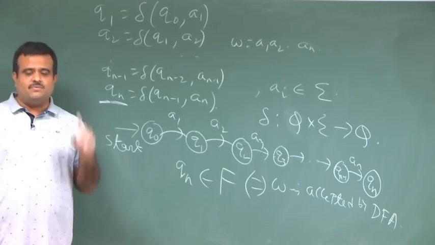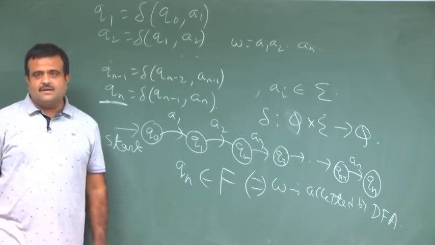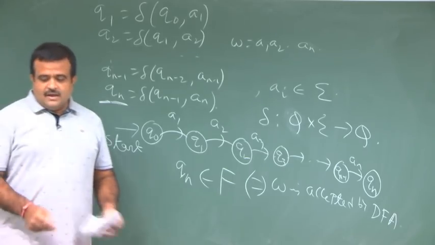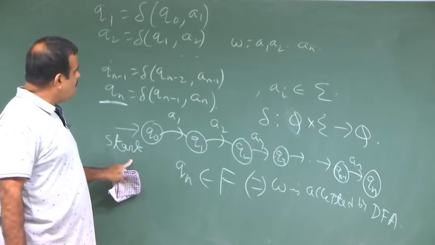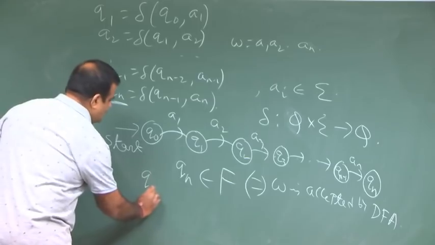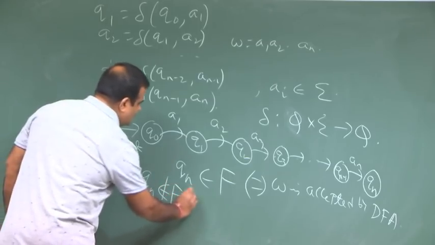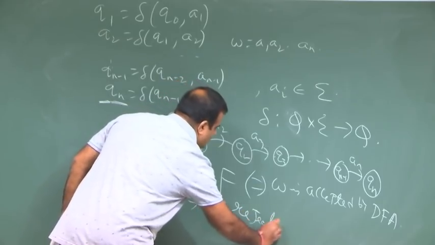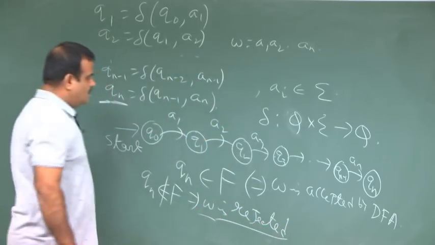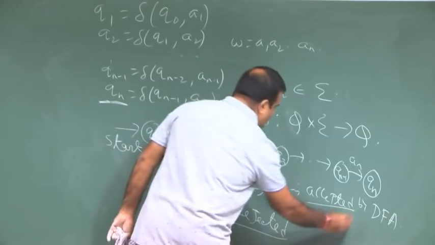Now, if qn happens to be a final state, then we say our DFA is accepting this string. If qn is not a final state, then we say W is rejected. So, either it will accept or it will reject.